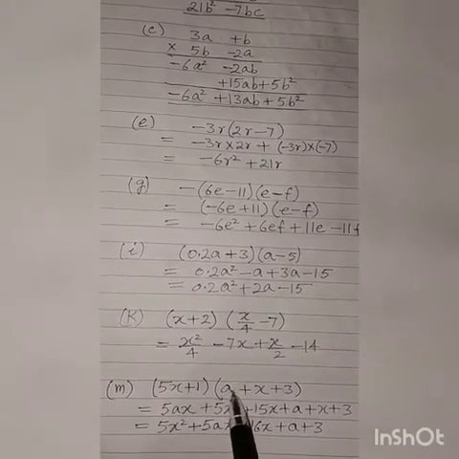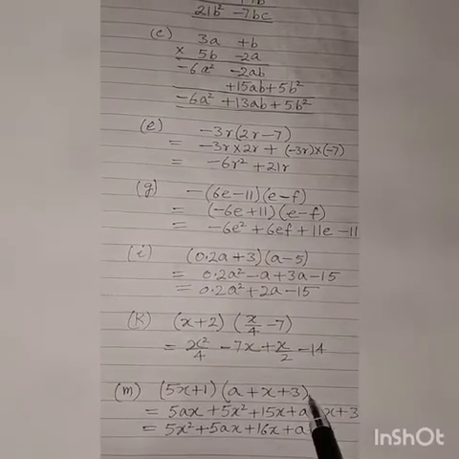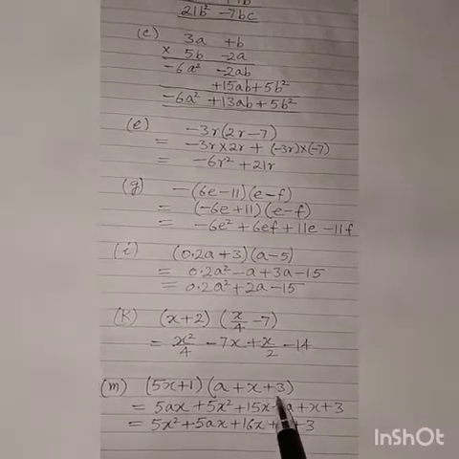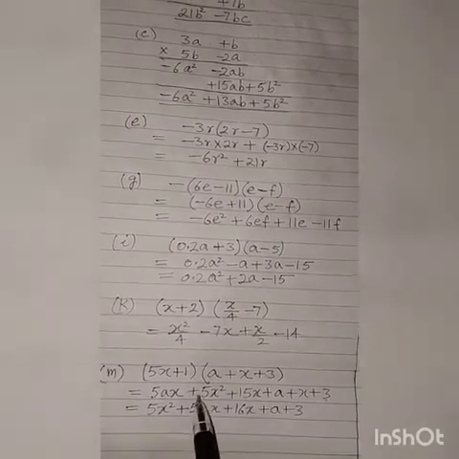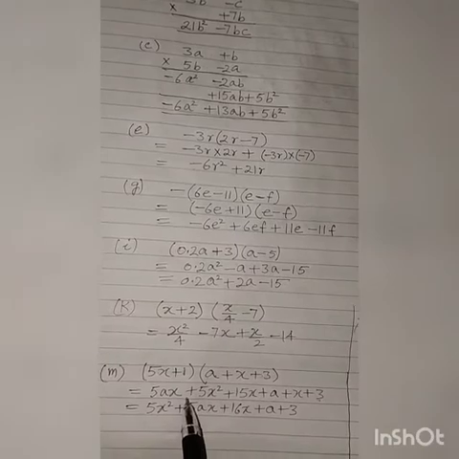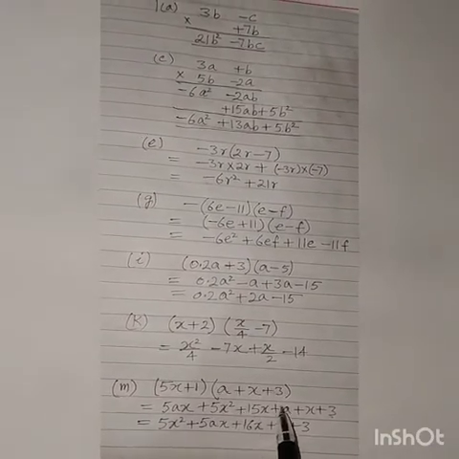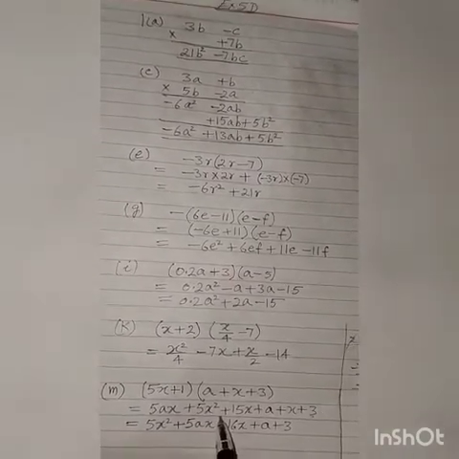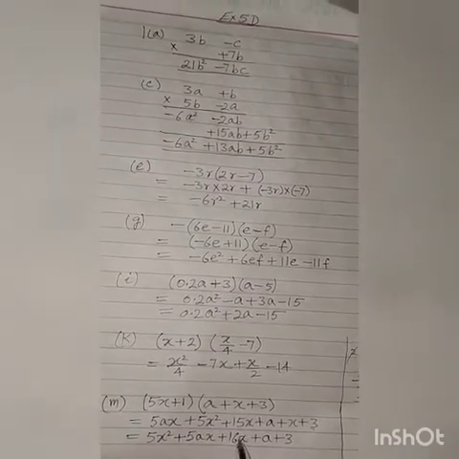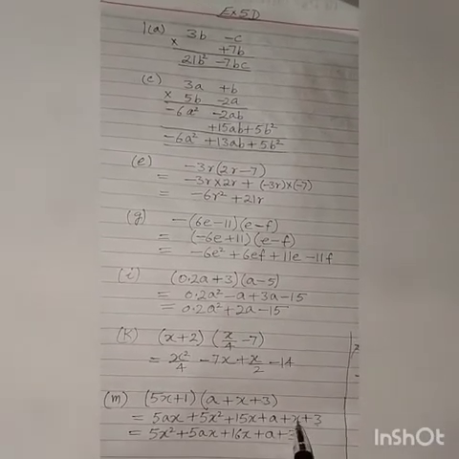Now multiply by 1. 1 into a is a. You will get the same when you multiply by 1. So write a plus x plus 3 here. And add the like terms if there are any. So we have 2 like terms here, 15x and x.